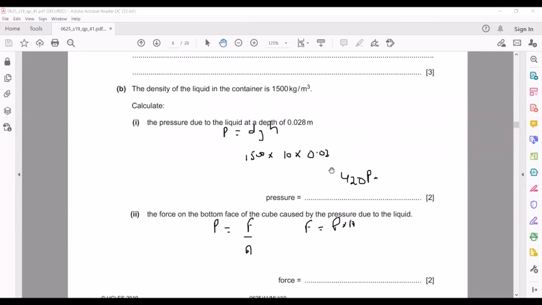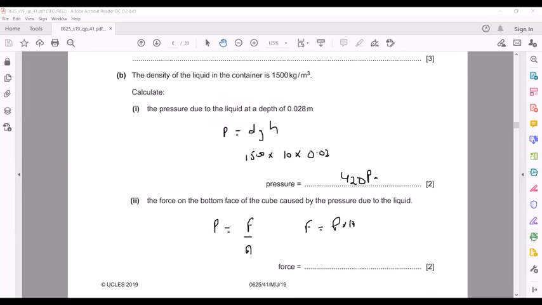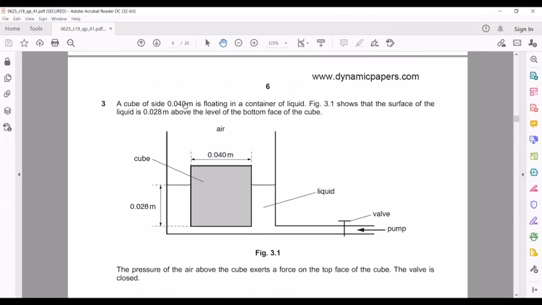As I already mentioned, when you check the figure for area, a cube of side 0.04. So this is a cube, so area of the cube will be length into width. All the sides are the same, so length is there and the width is 0.04.